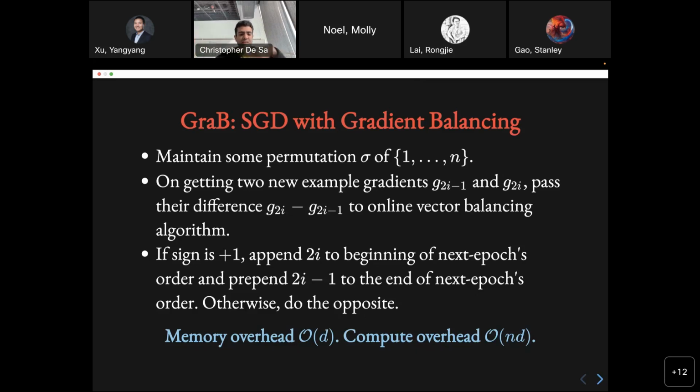And similarly, it takes only compute overhead proportional to ND per epoch, because all we're doing is this work that's proportional to the dimension once per example. And that's pretty cheap compared with the cost of computing gradients for the whole epoch.